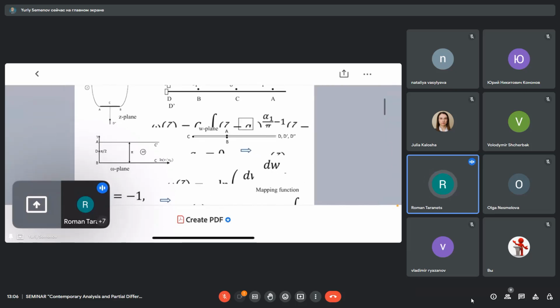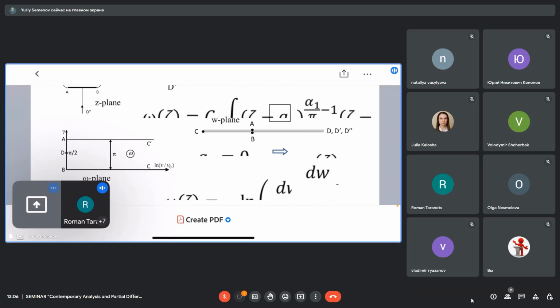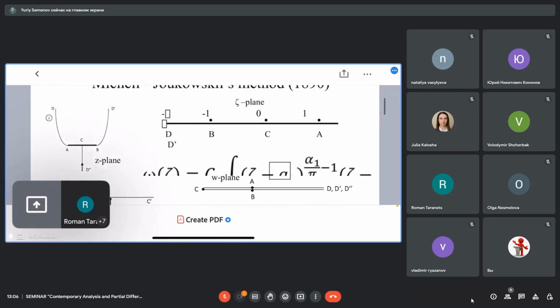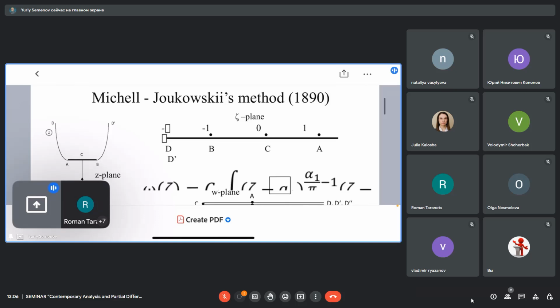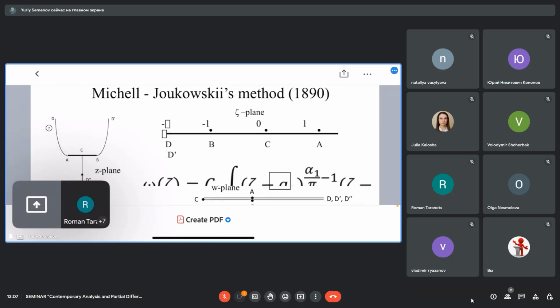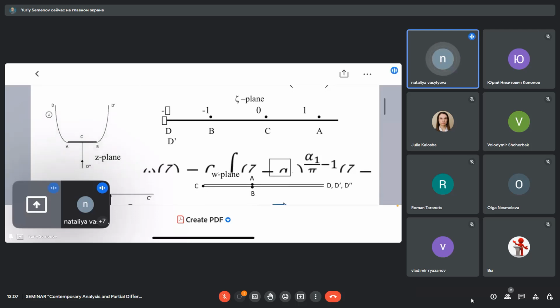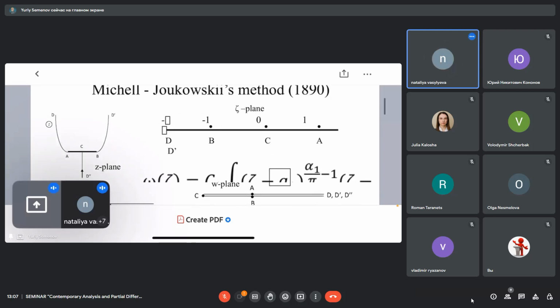Share on full screen. Can you see the title of the slide, Mitchell-Joukowsky method? Yes, we see the Joukowsky method, but some formulas disappear. Fortunately, the formula is corrupted; it's a problem with the phone.